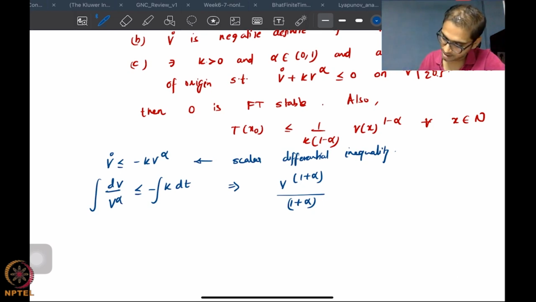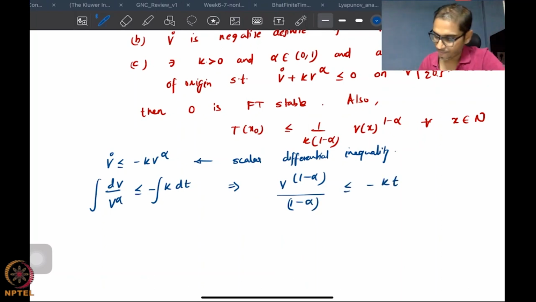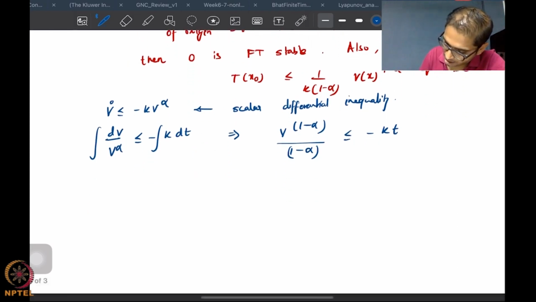No, I apologize. This will be V not 1 plus alpha, but 1 minus alpha, because alpha is in the denominator, right? So this is 1 minus alpha, and this is going to be less than or equal to minus kt. Yeah, and so if I solve from here for the value of V, what am I going to get?